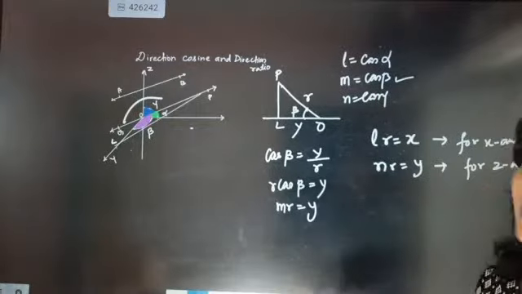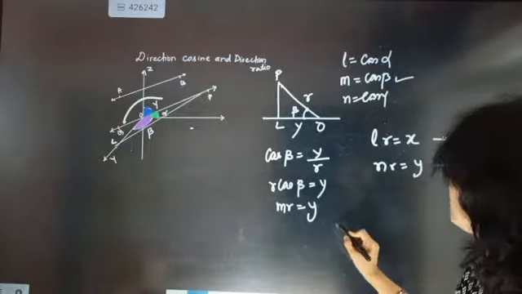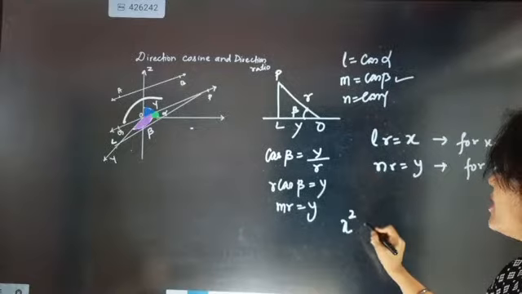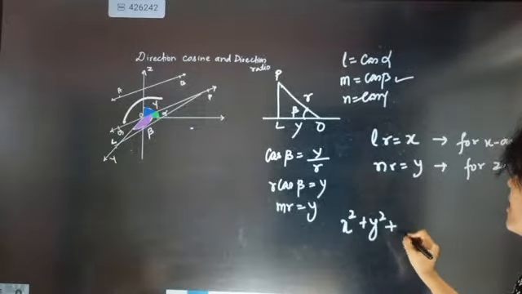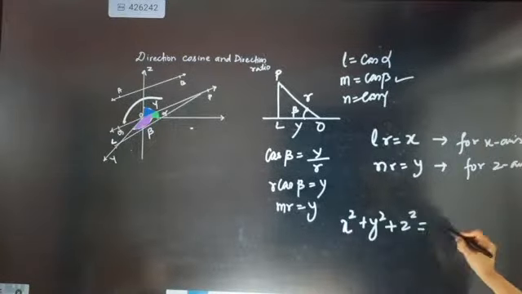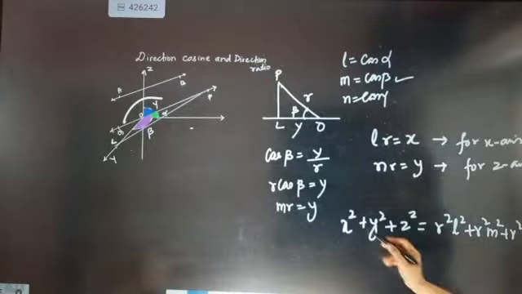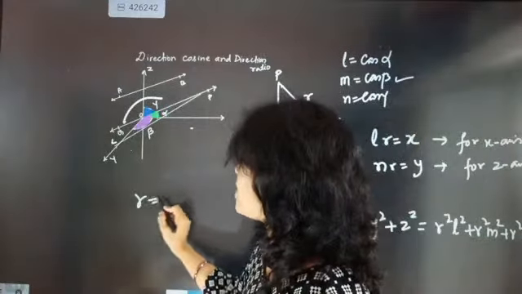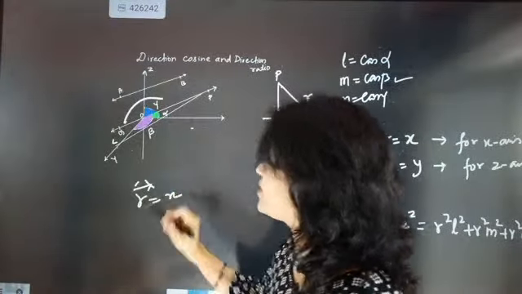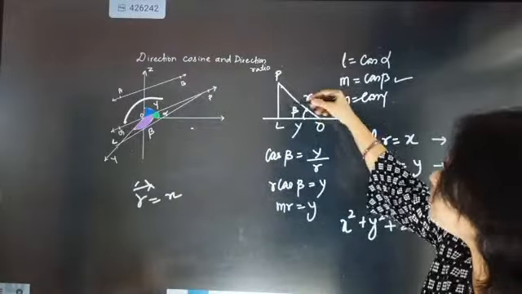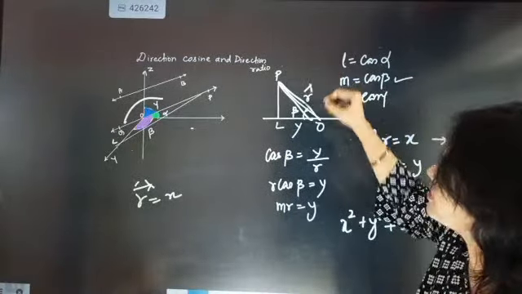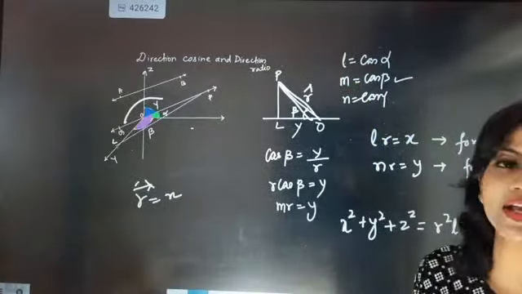If we square both sides and add, it will become x square plus y square plus z square equal to r square L square, r square M square, r square N square. Already we know the resultant r vector is the position vector, and we are taking its magnitude.